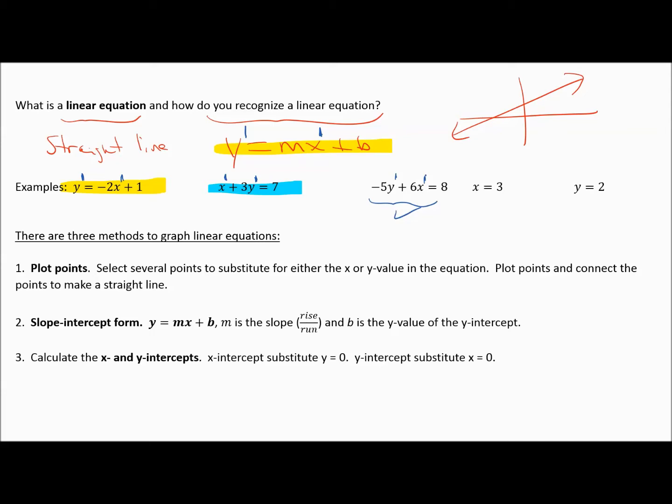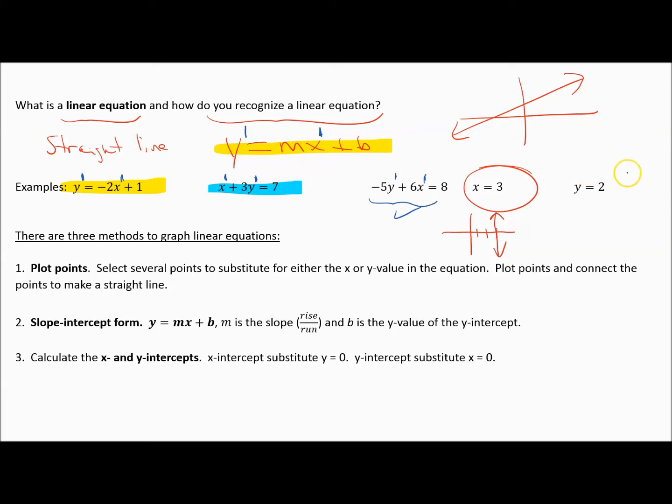Now where it gets just a little bit on the weird side is right here. Okay, x equals 3, there's no y at all. But that's also a linear equation. Turns out it's a special linear equation that if you graph it, it gives you a vertical line. No matter what y is, x is 3, and so that's what that would look like.